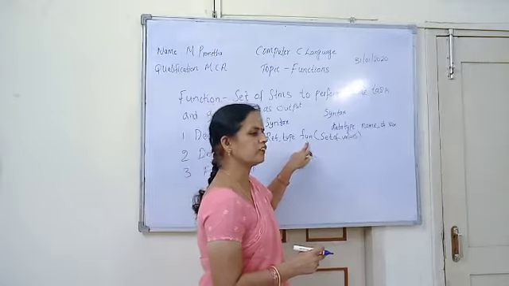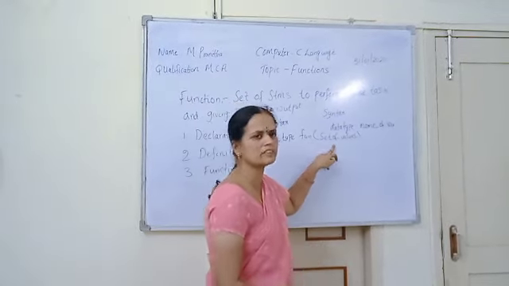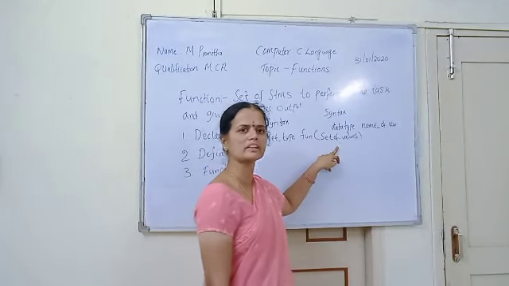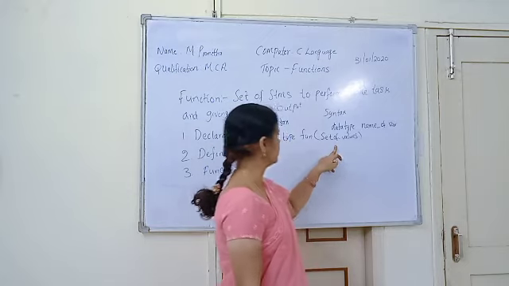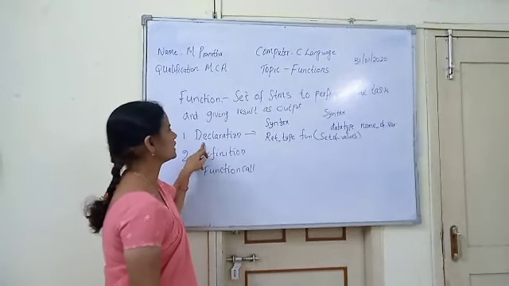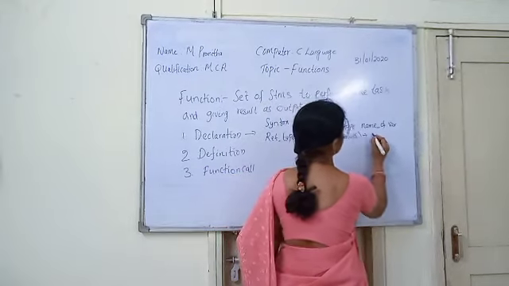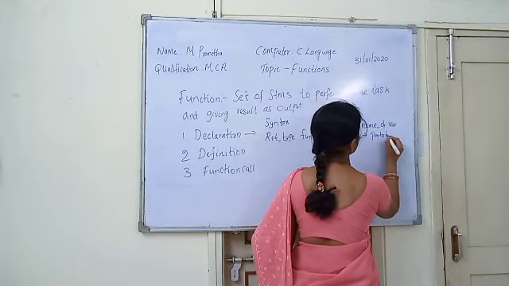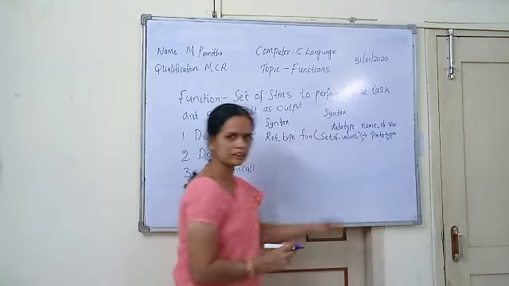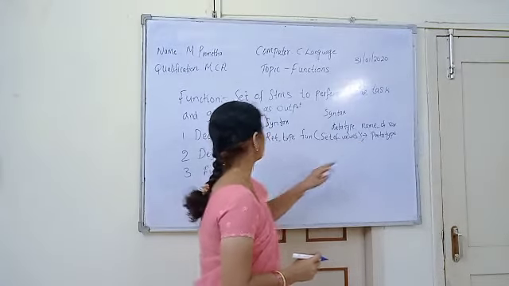Here function is the name of the function, and in the brackets, the values we are giving are the set of values, or also the parameters. So this is the syntax for creating a function. That is a declaration, and we can also call it a prototype. At the end of the declaration we should put a semicolon.